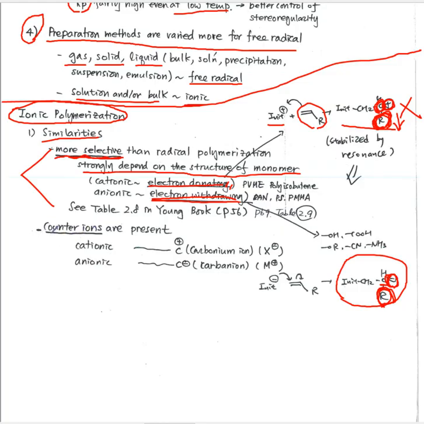And we already have seen that counter ions are present, right? For polymer chains with carbon positive ions, there should be some negative ions attached to it closely. For anions, there should be positive ions attached to it.